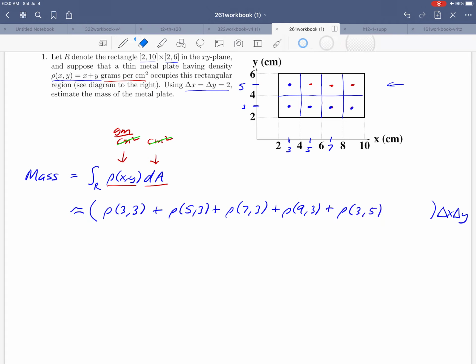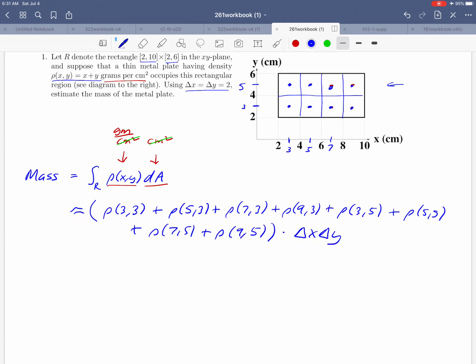I'm going to run out of space here, so let's keep writing, and we'll put the delta x, delta y at the end. Then we move to here, that's rho of 5, 5. Then rho of 7, 5, and finally rho of 9, 5. We're going to add up all of those densities and then multiply by that area of delta x, delta y at the end.